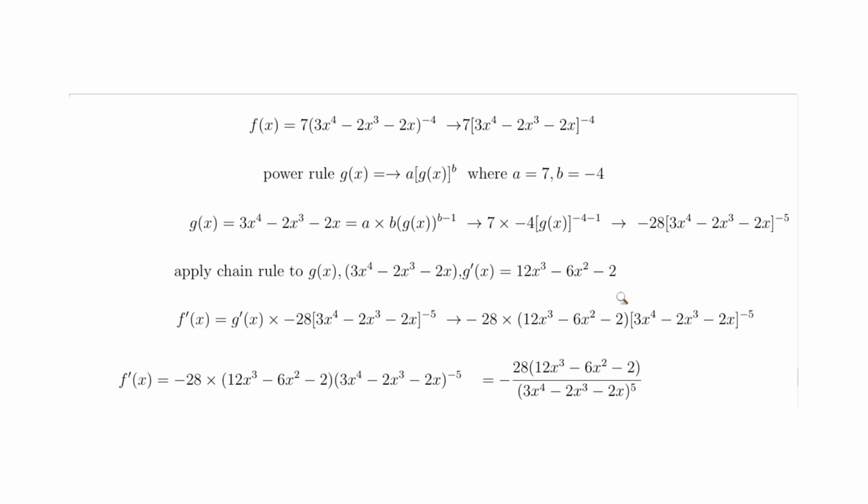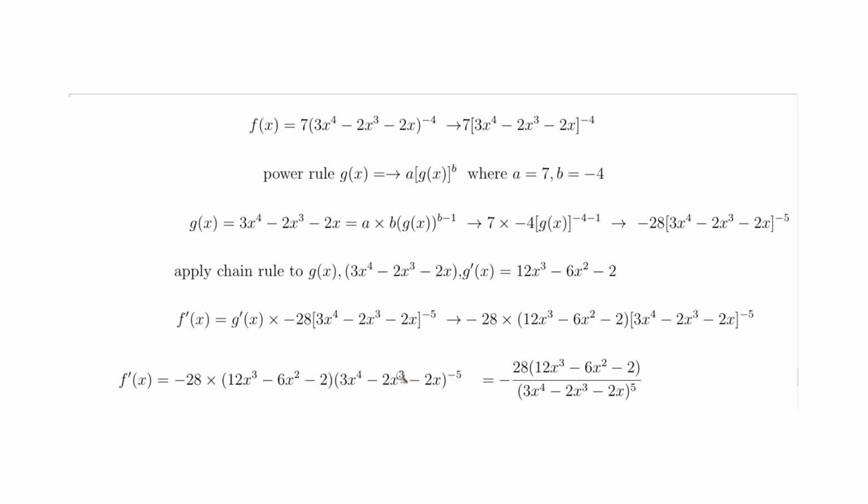Now I'm going to put everything into the same brackets. So -28 times (12x³ - 6x² - 2), and then (3x⁴ - 2x³ - 2x) to the power of -5. Now there's stuff we can do here. This -28 times (12x³ - 6x² - 2) doesn't have any power, so that will stay on the top.